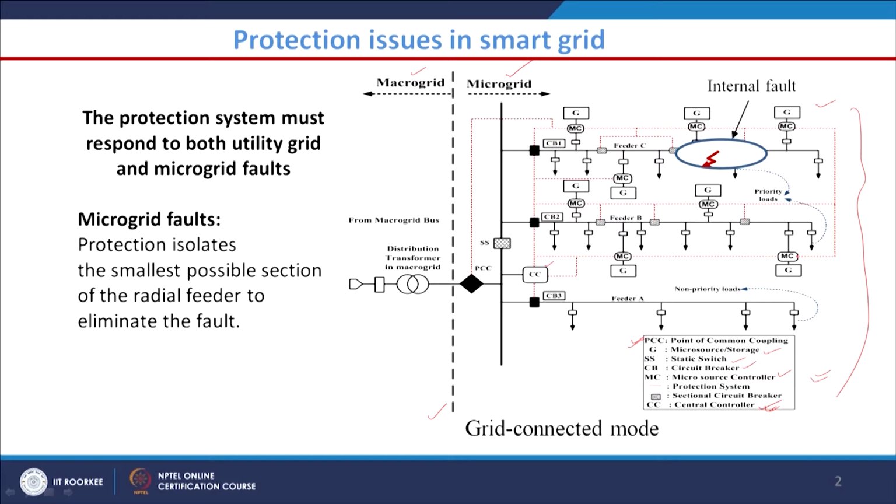The MC is present near our renewable energy source, and it also communicates with the CC, as well as with the corresponding circuit breaker. This is our sectional circuit breaker present here, and the sectional circuit breaker also talks to our MC.